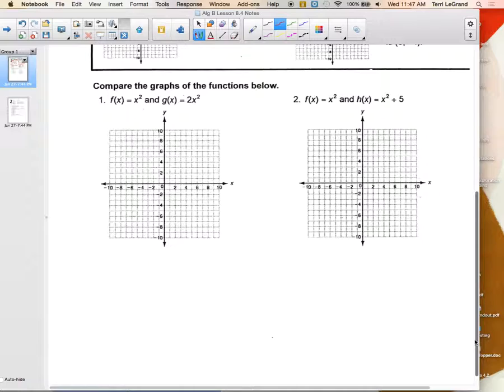Next thing I want you to do is put the parent function in. You don't have to put the f of x or the y, you just have to put the other side. So we're going to put x squared in. The x key is next to the alpha key, and then you'll go to the x squared key and press that, and it'll square that x. So right now your screen should read y sub 1 equals x squared.